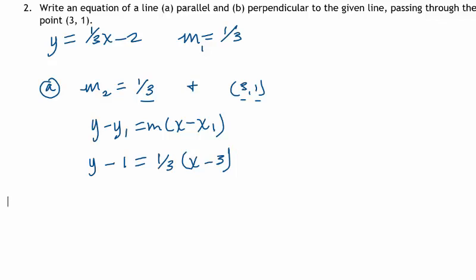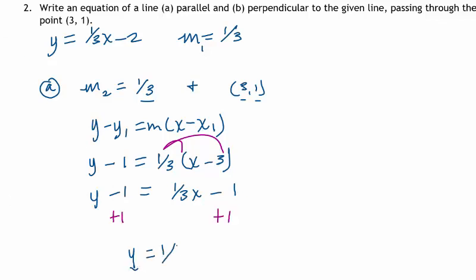To transform it, first distribute the 1/3. We're left with y minus 1 equals 1/3 x minus 1, since 1/3 times 3 is 1. Then add 1 to both sides, and we get y equals 1/3 x plus 0, so I'm not going to write it at all. That means the y-intercept of this new line is at 0, or this line passes through the origin.